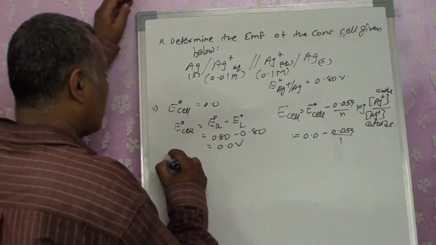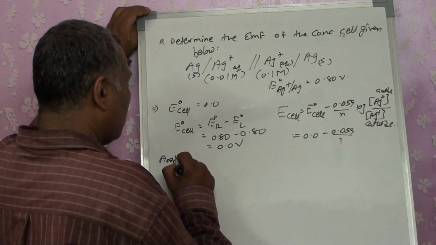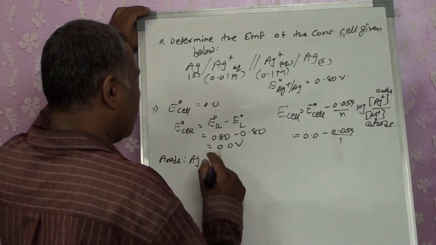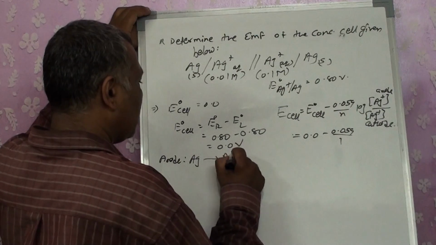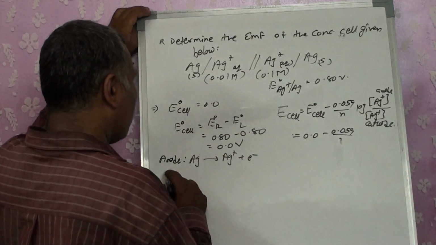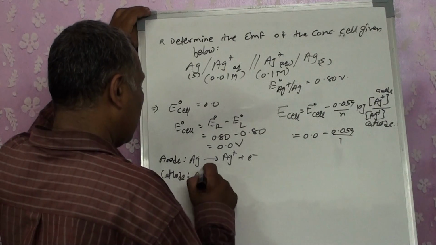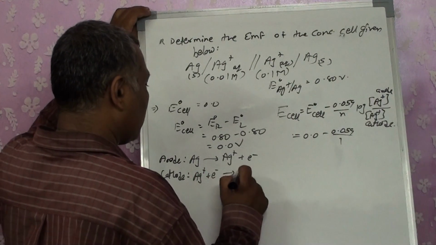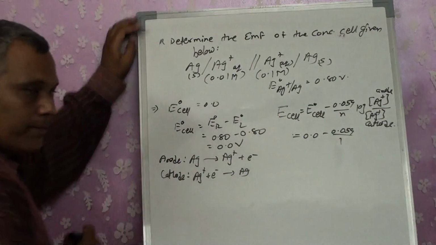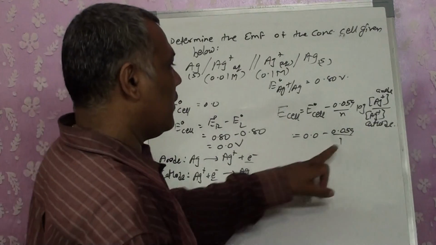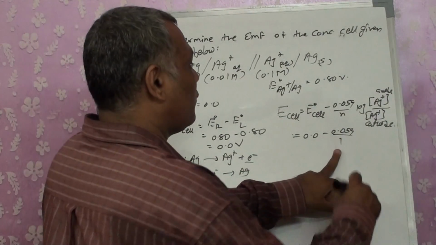How did we get that? On the anode, Ag gets converted into Ag plus plus electron. On the cathode, Ag plus plus electron gets converted into Ag. So electron transfer during the reaction is 1, so n equals 1.